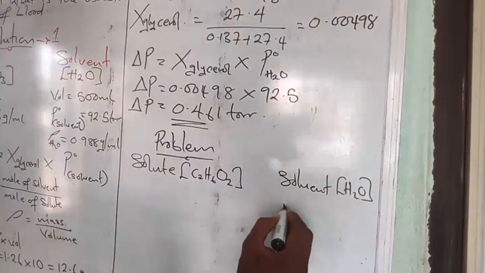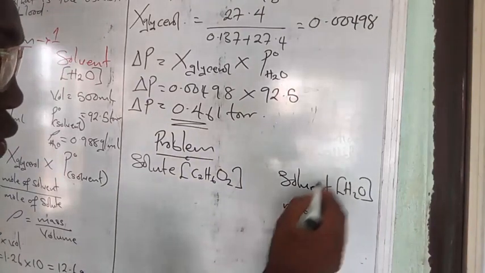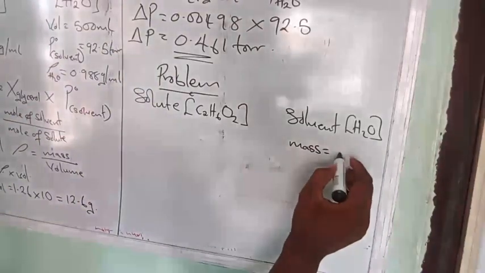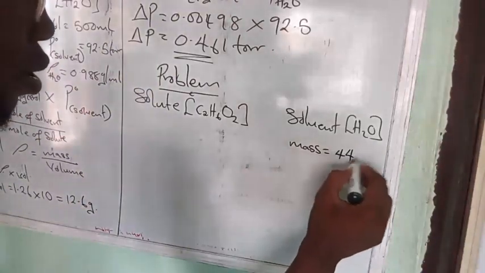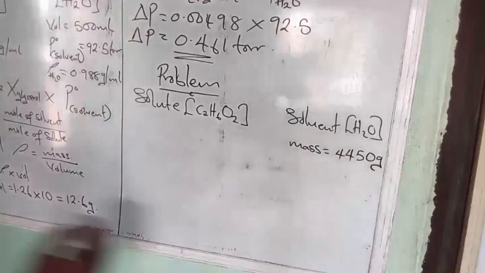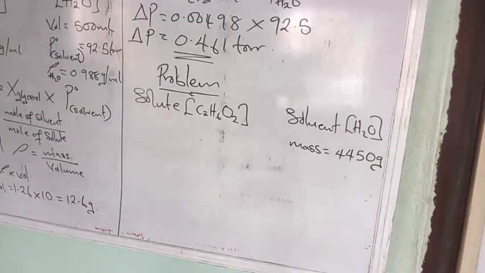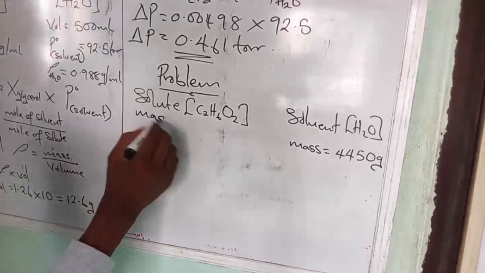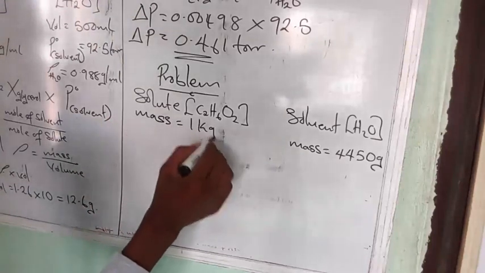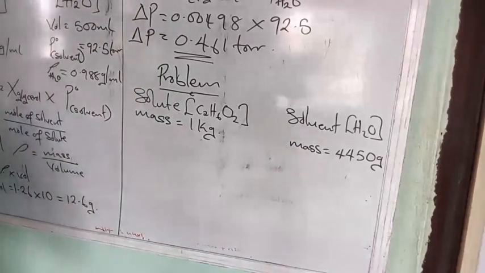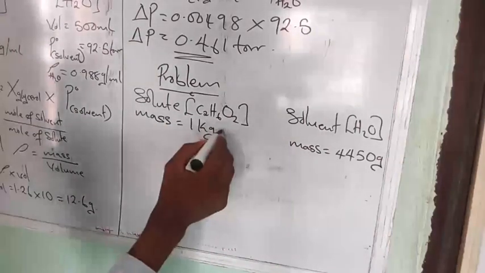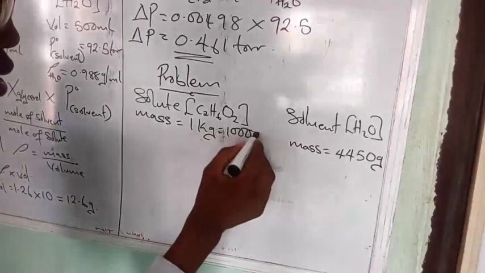So the mass of our solvent, which is the mass of water, is equal to 4450 grams. What are the boiling and freezing points of the solution? Remember it said 1 kilogram of ethylene glycol, so the mass of ethylene glycol is 1 kilogram, which is equivalent to 1,000 grams.